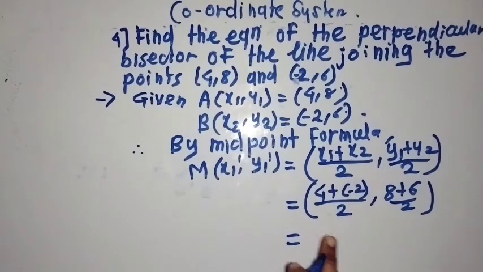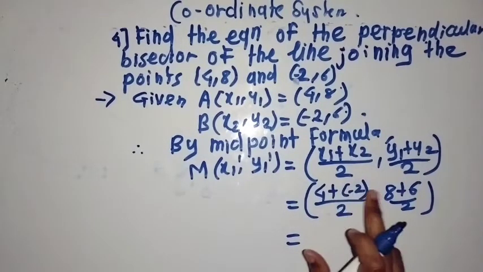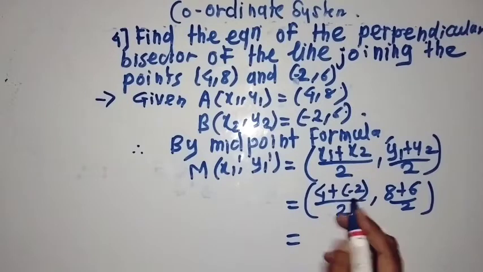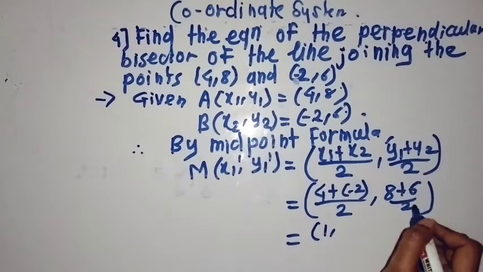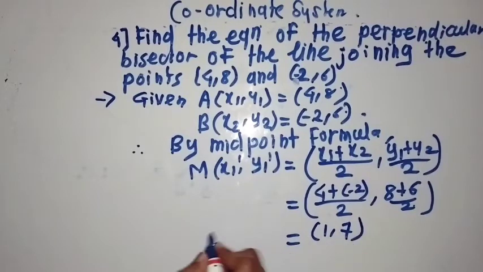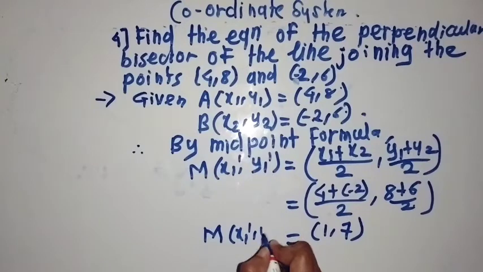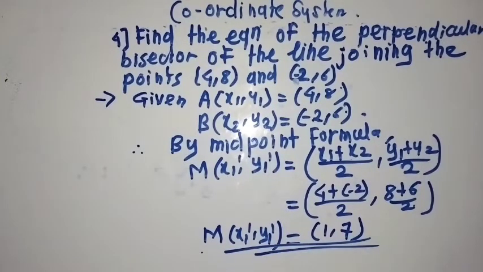So 4 plus minus 2 is 2, 2 upon 2 is 1, and 8 plus 6 is 14, 14 upon 2 is 7. Hence the midpoint is (1, 7).